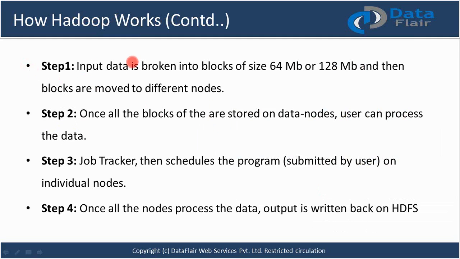So guys, input data is broken down into blocks of 64 MB, and then the blocks are moved to different nodes. If you are noting down, highlight this point: data is broken into blocks and then moved to different nodes.